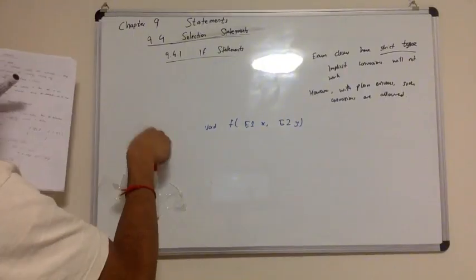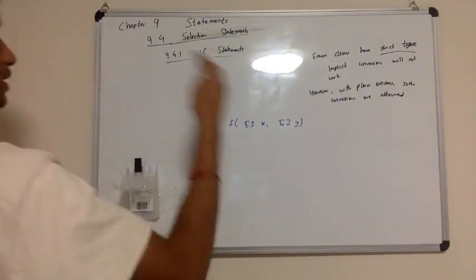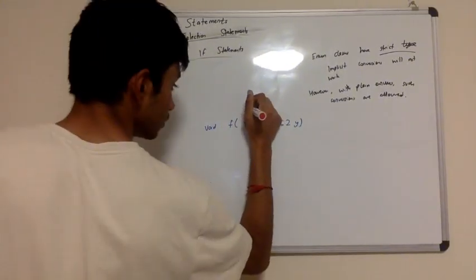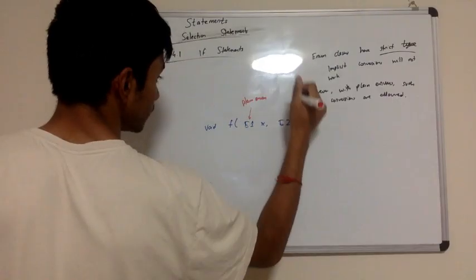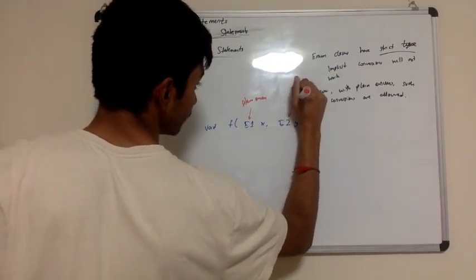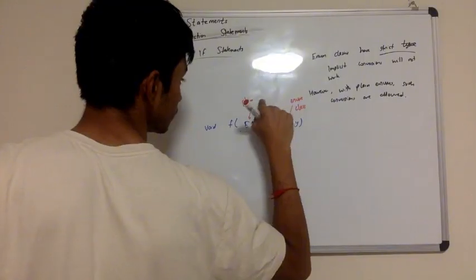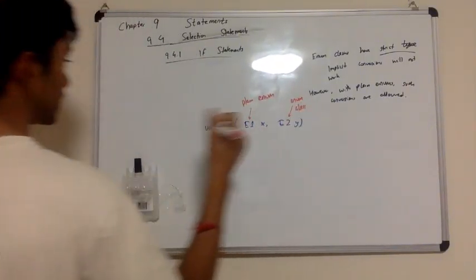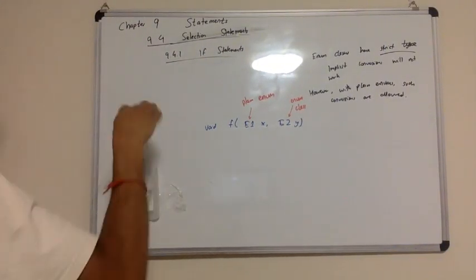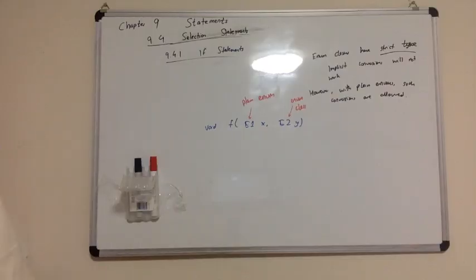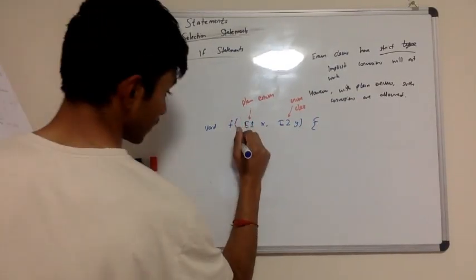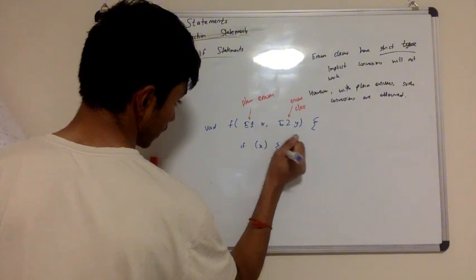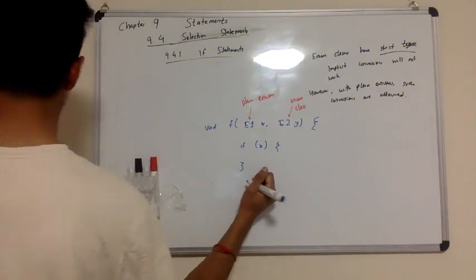And just to clarify, E1 is a plain enum that we've defined somewhere else, and E2 is an enum class. So plain enum versus the enum class. So imagine within my function, I do something like if x, and then run. Right?